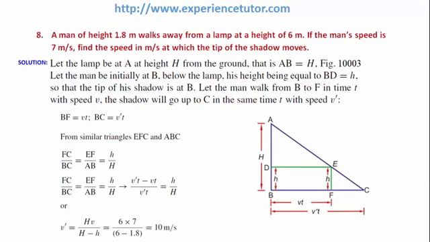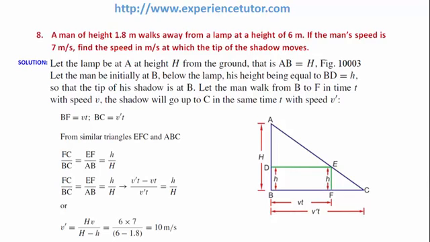Question 8. A man of height 1.8 meter walks away from a lamp at a height of 6 meter. If the man's speed is 7 meter per second, find the speed in meter per second at which the tip of the shadow moves.